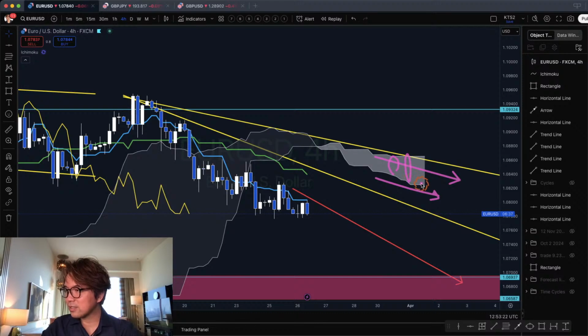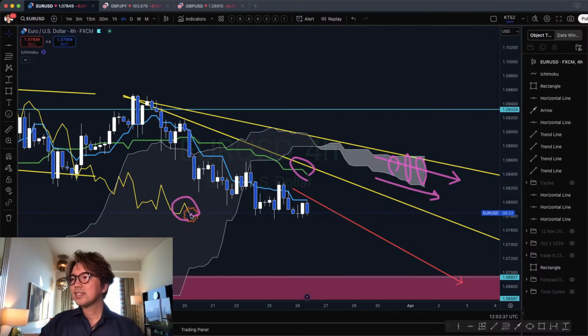And this is showing the continuous downtrend. Right? And also Kijun Sen angle is also down. And the price is below Tenkan Sen, and Chikou span has been below the candles. So this is KTS, my original strategy to capture the trend, and it shows its downtrend.